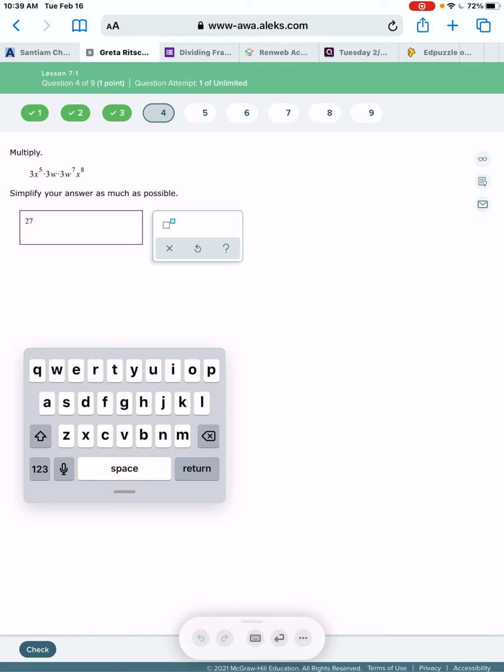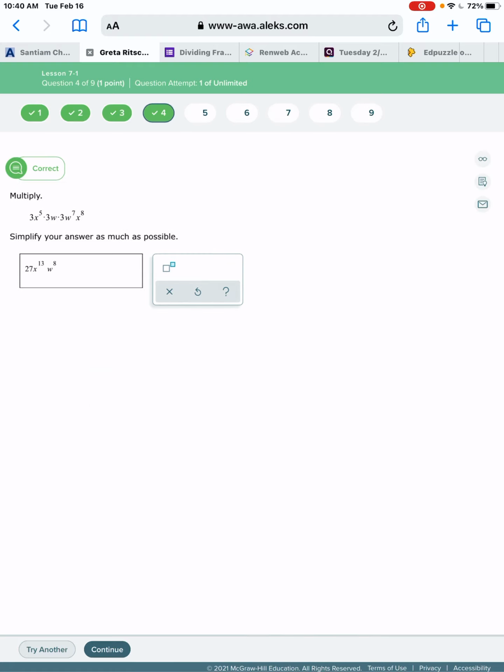So there are 5 and there are 8, so 5 plus 8 is 13. There we go. And then I'm going to find all the w's. There's a w with no exponent, so that means w to the 1, and there's a w to the 7th. So I have 1 plus 7 is w to the 8th. That looks better.